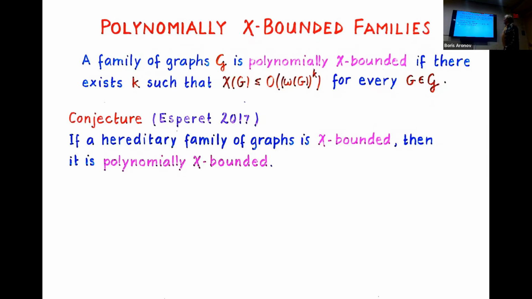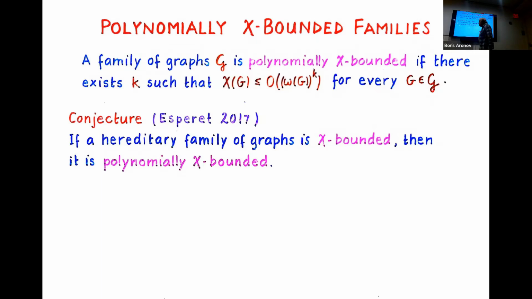And a beautiful conjecture of Esprit is that if a hereditary family, again, for this whole problem we have to assume that if a graph is in the class, then its subgraphs are also in the class, is chi-bounded, then it is polynomially chi-bounded. Of course, this function can be arbitrarily large, but polynomial.